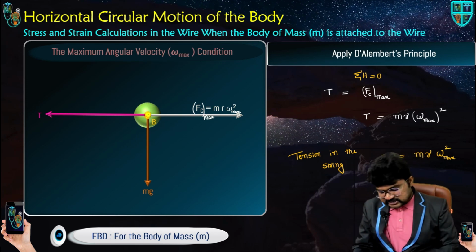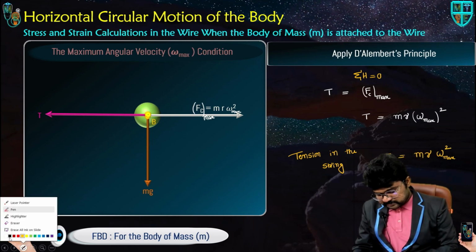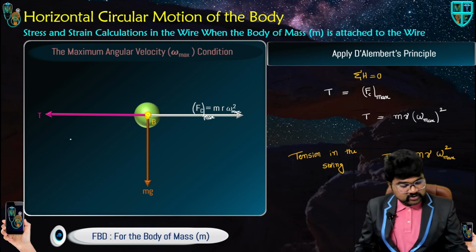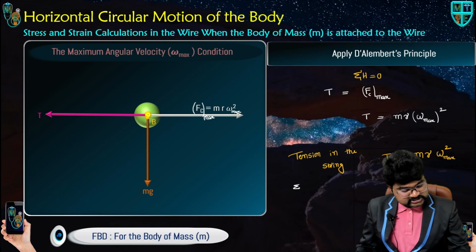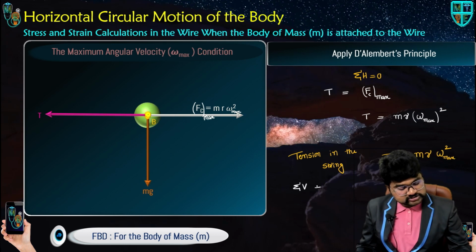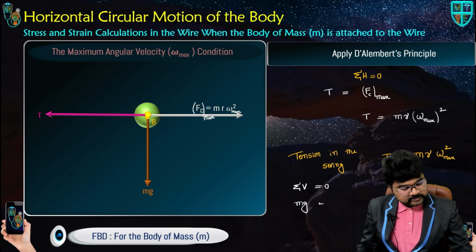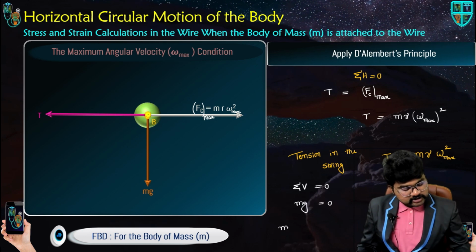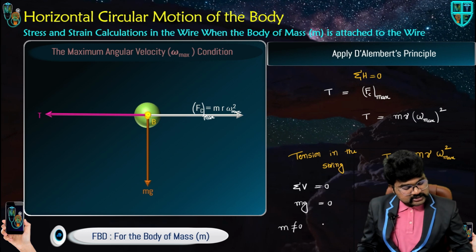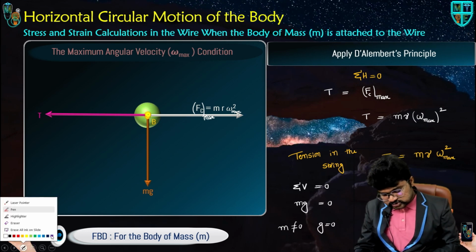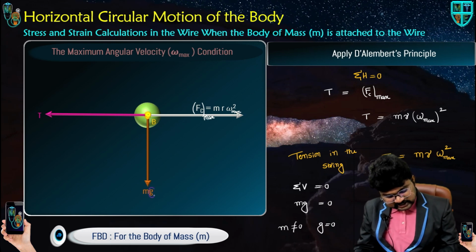If you apply sigma V equal to 0, mg equal to 0, but m can't become 0, okay? Here g equal to 0, that means there is no effect of gravity.